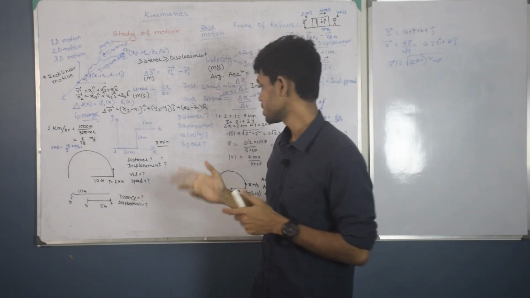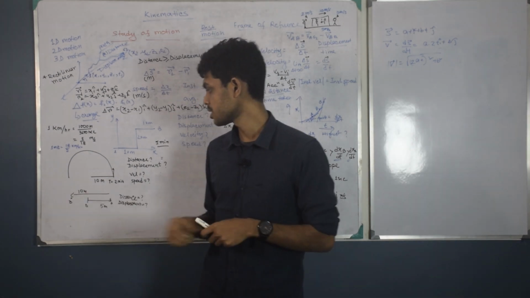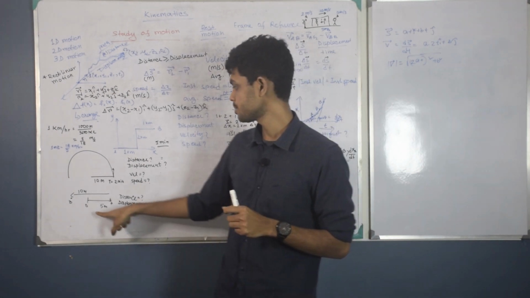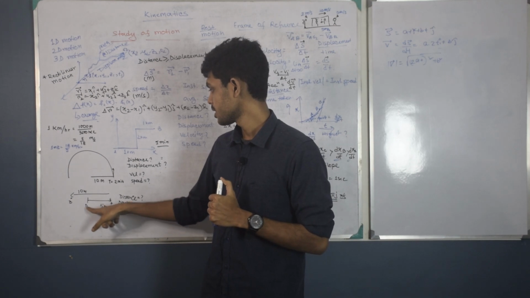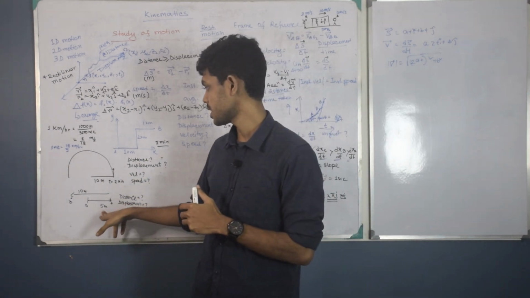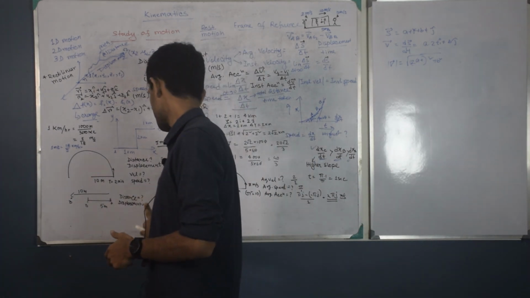Total displacement will be this line, drawn from the starting point. We figure out the change in y and the change in x. The change in y is 2 km and the change in x is 2 km, so the displacement vector is 2i plus 2j.